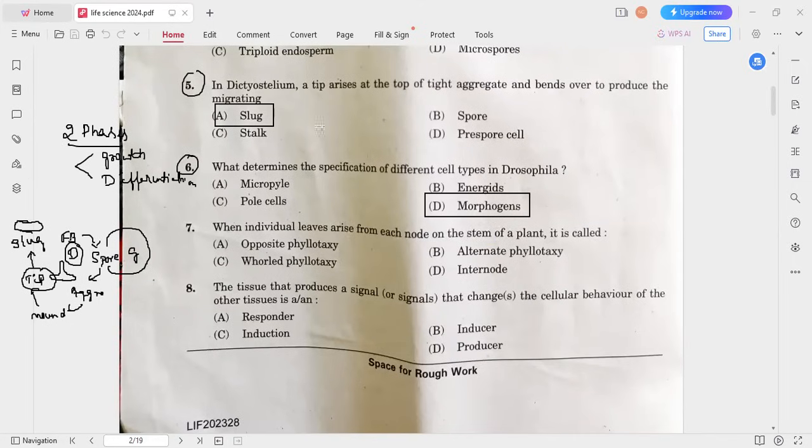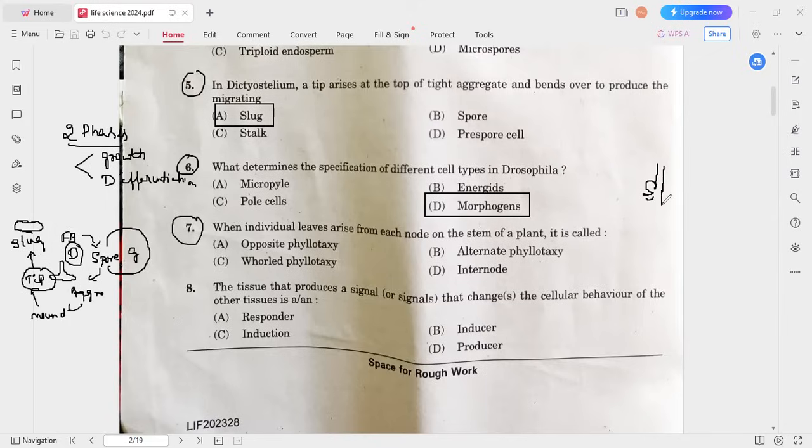Now move on to the next question, question number 7. When individual leaves arise from each node on the stem of a plant, it is called what? Usually when it comes to the stem of the plant, for example, let me show this diagram.